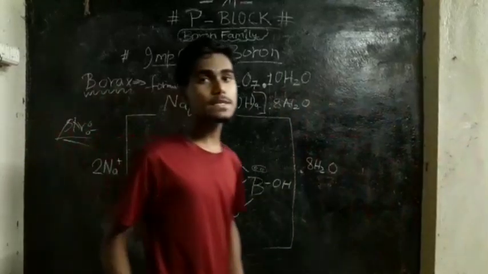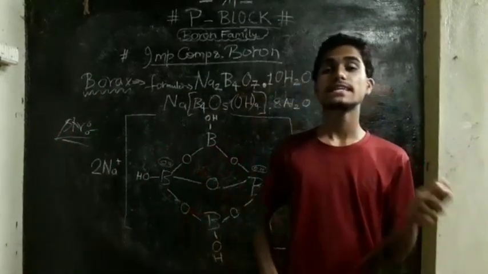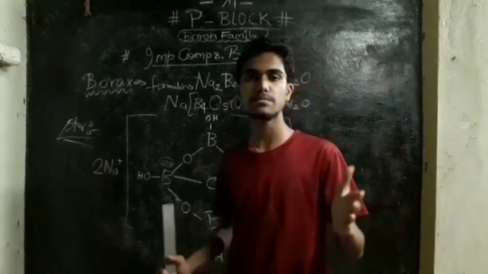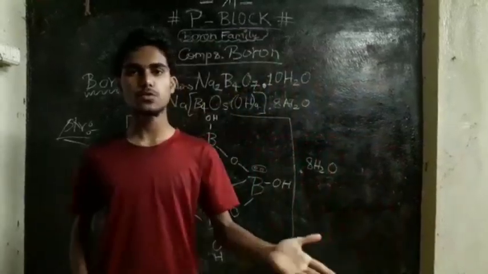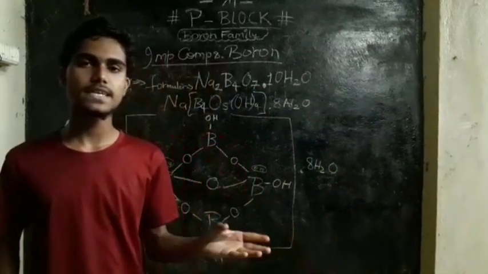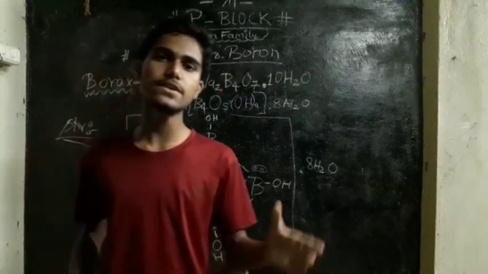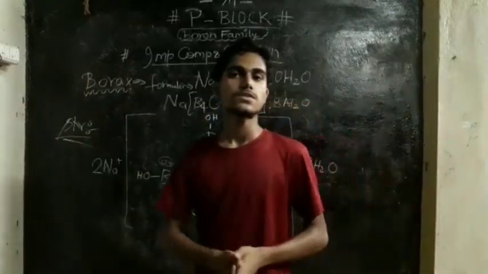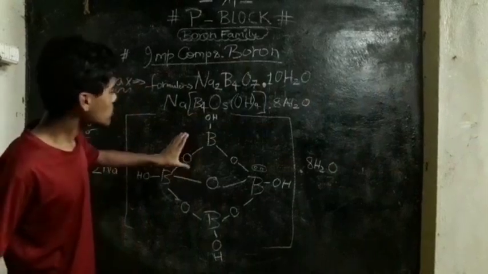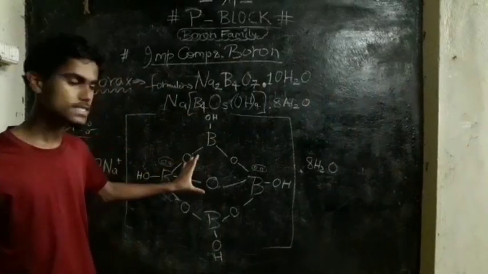Also, one important thing I want to tell you all is that there are many uses of aluminium and boron, as well as their compounds, that we will see in the report, and a few more reactivities towards some metals and elements that we will also see in the report. In the structure of borax, we can see that the oxidation state of boron is +3.